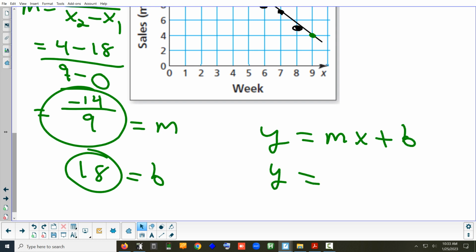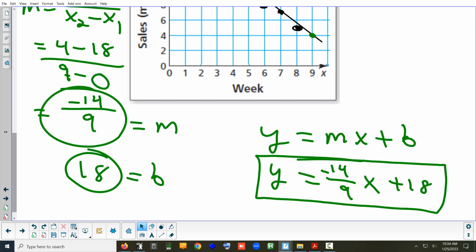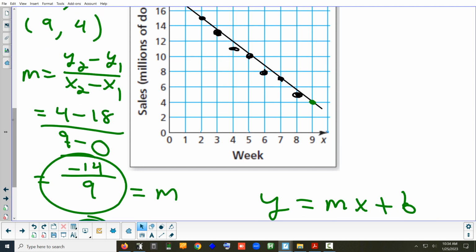Okay, so y equals... Natalie, what's my m value? Yeah, it's not really a nice number, but that's okay. Negative 14 over 9. And what's my b value? Yeah, 18. So that's the equation of the line that represents that data.